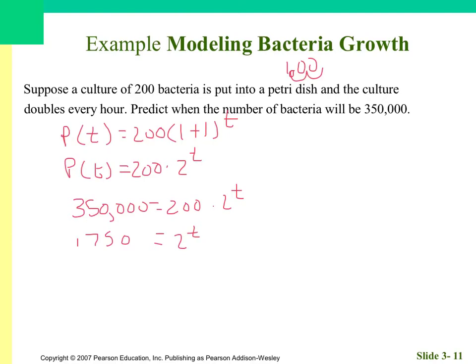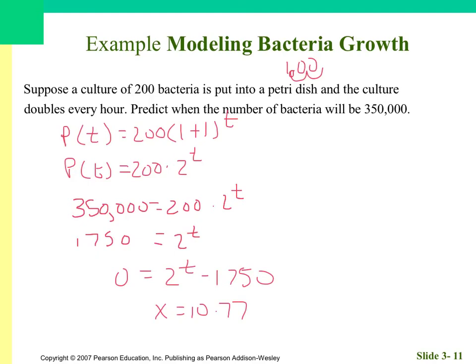Now the inverse operation of exponential is log. So now what you need to do is use your calculator and just put it in there. Or what you could do is subtract 1750, use your calculator to approximate the time needed, and graph it and find the 0, and you get x equals 10.77.